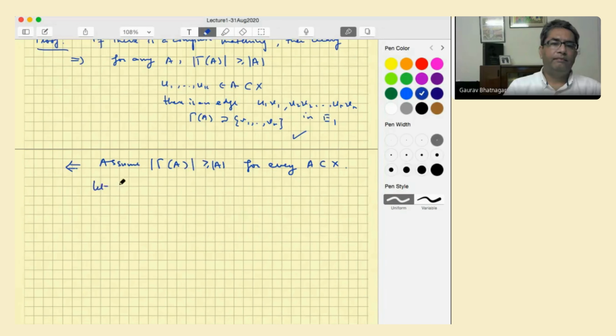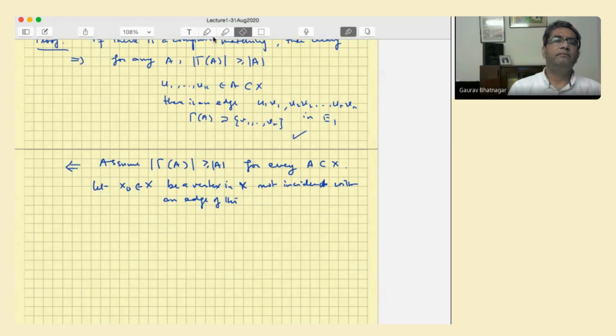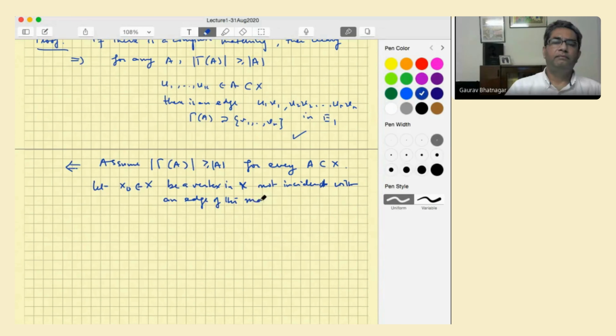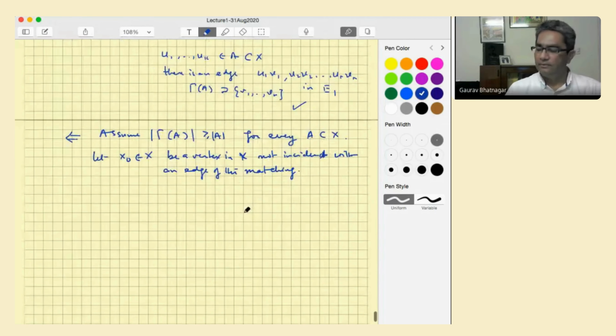So let X naught, very constructive proof, let X naught belong to X, be a vertex in X not incident with an edge of the matching.